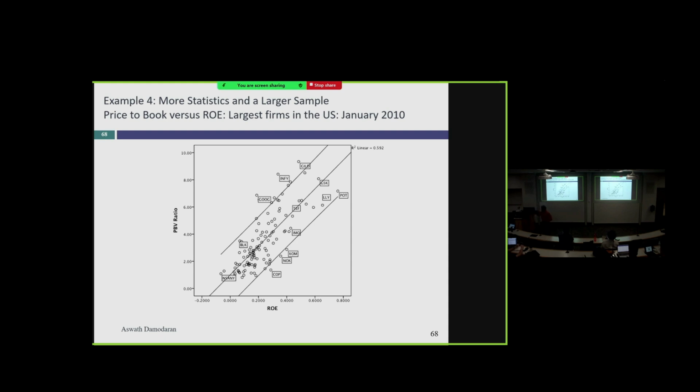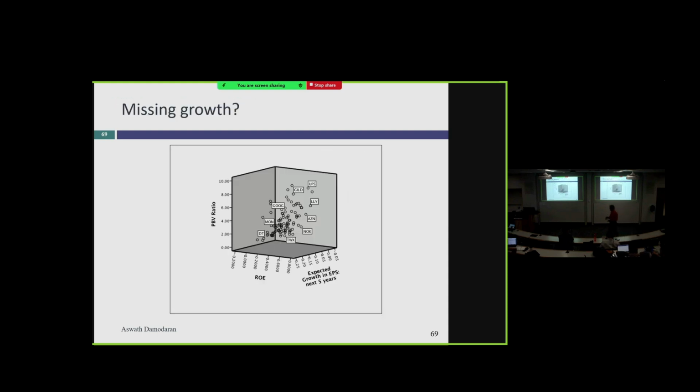Returns on equity had gone up, but markets were saying it can go away. So it sounds like I'm talking myself out of it, but at least in 2010, if you ask me whether there is something I should be doing with this, my answer is, not really, because even for the overpriced and the underpriced, I can come up with a good reason why they are. Okay. But let's say I wanted to bring in growth.